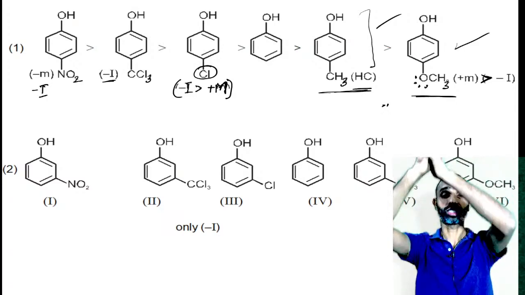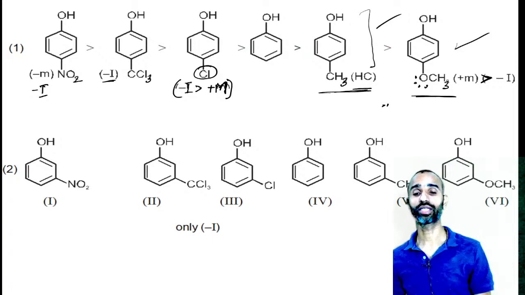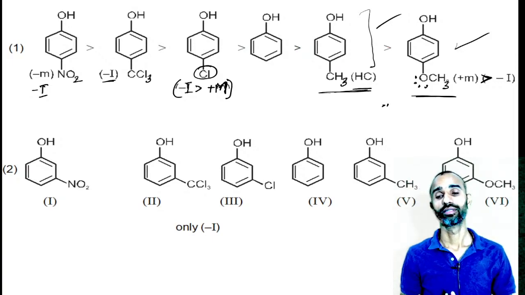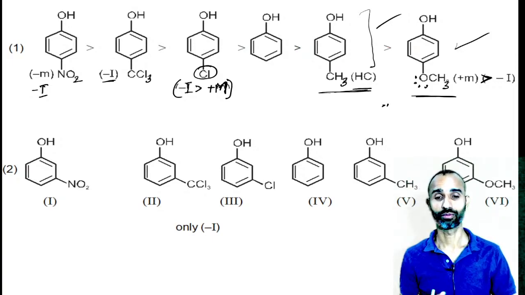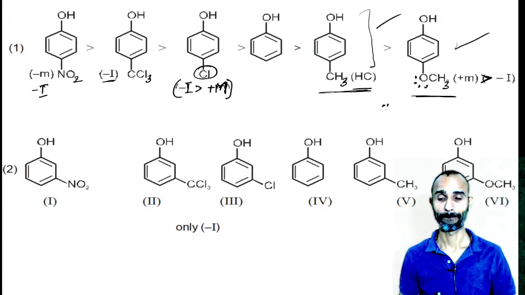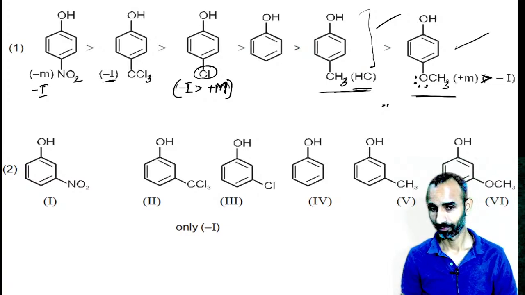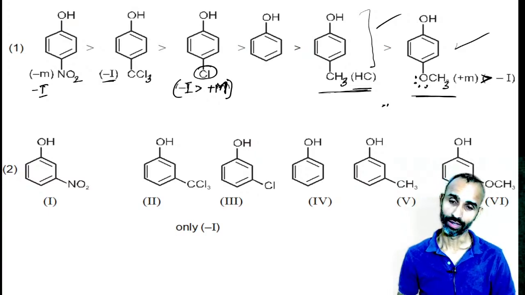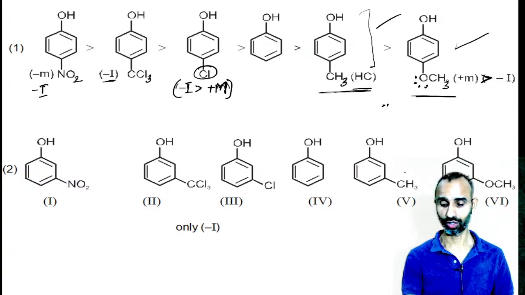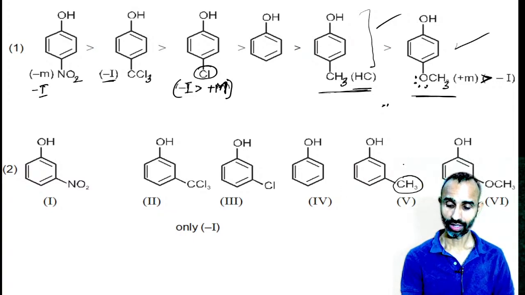First is NO2, then CCl3, Cl. They are at meta positions. Which one? Fifth one is least acidic because even at meta position it has plus I effect.